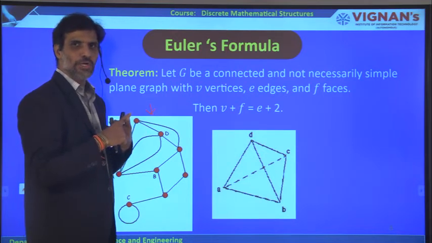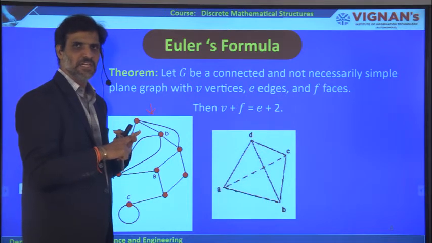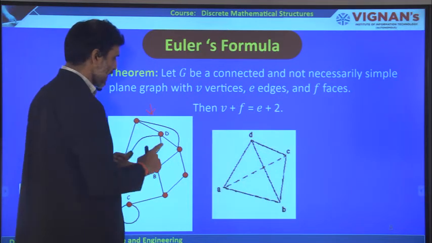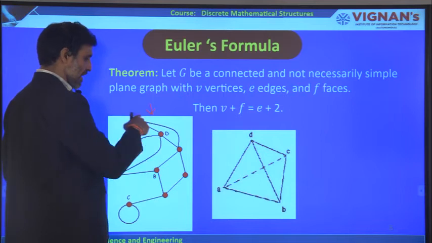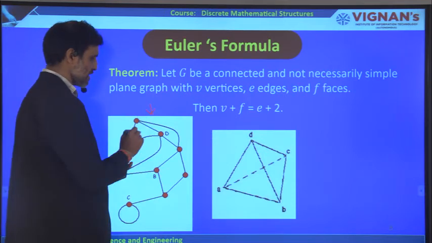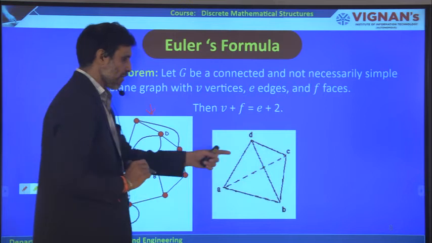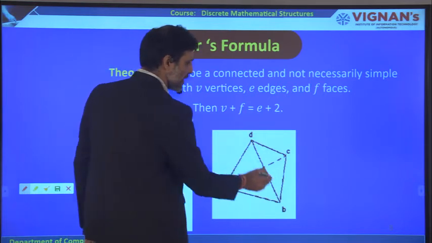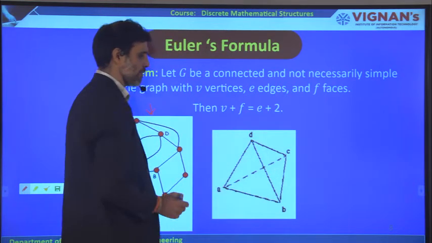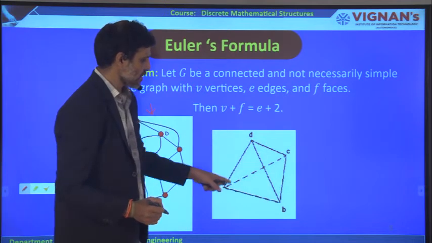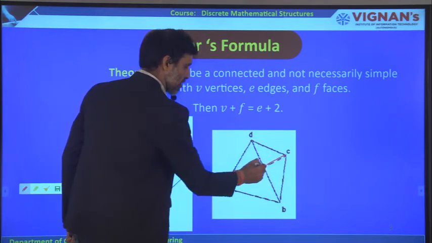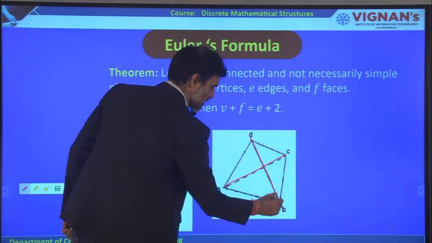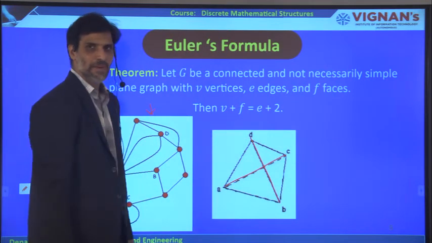Whenever the edges cross each other in the given graph, such a graph is not planar. So here no edge is crossing another edge, therefore this is clearly a planar graph. But coming to the case here, the edge BD is crossing the edge CB. This edge is crossing this particular edge, therefore it is not a planar graph.